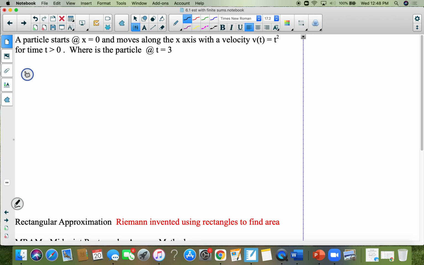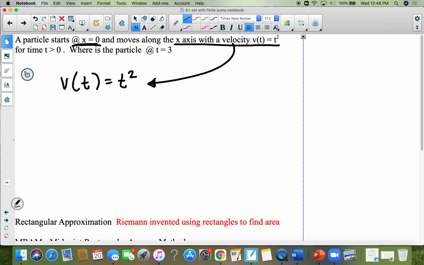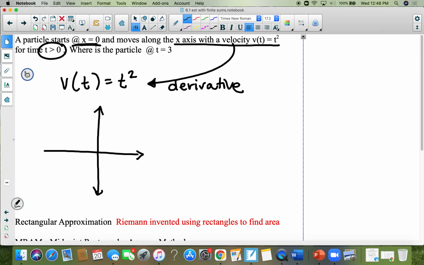A particle starts at x equals 0 and moves along the x-axis with the velocity of v of t equals t squared. Read the fine print. This is the velocity, or this is the derivative equation. And if you graph this parabola, everybody knows that t squared is a parabola, but they want you to graph it when t is greater than 0.